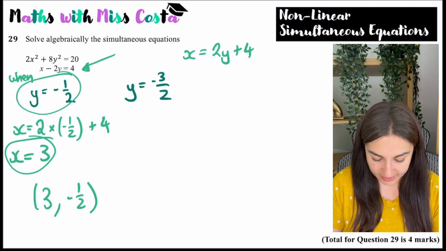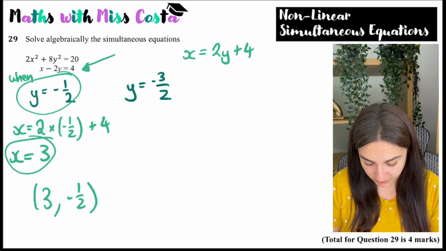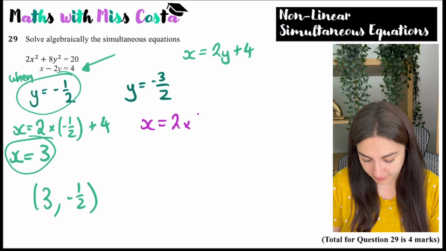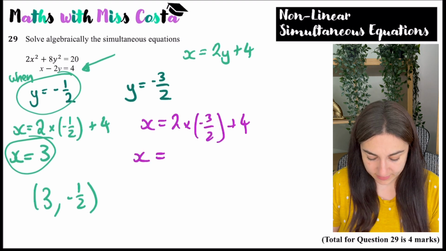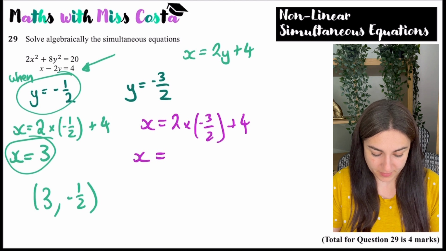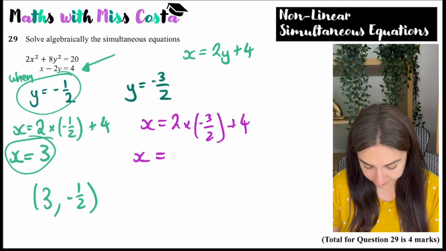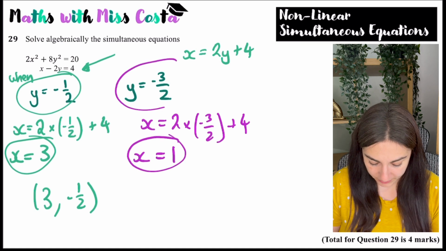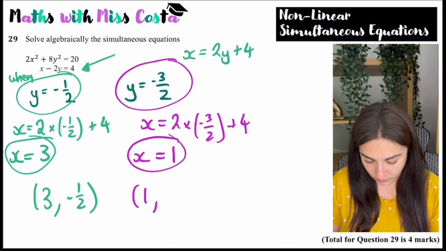And then if y is minus 3 over 2, x is going to be 2 times by minus 3 over 2 plus 4. And 2 times minus 1.5 plus 4 equals 1. So if it was coordinates, it would be 1, minus 3 over 2.